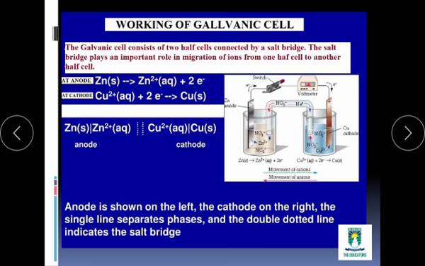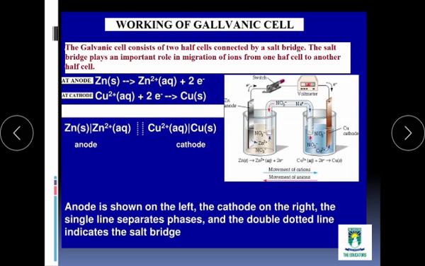So what will happen at the anode? Zinc will lose electrons. At the anode, oxidation occurs, meaning loss of electrons. At the cathode, gain of electrons occurs, and copper ion will convert into Cu.